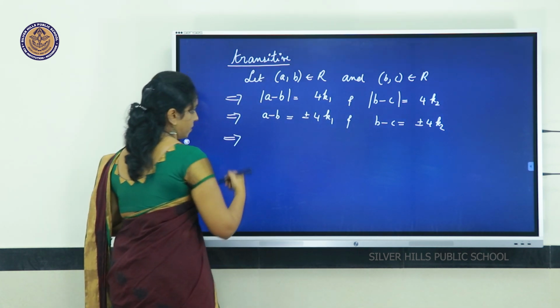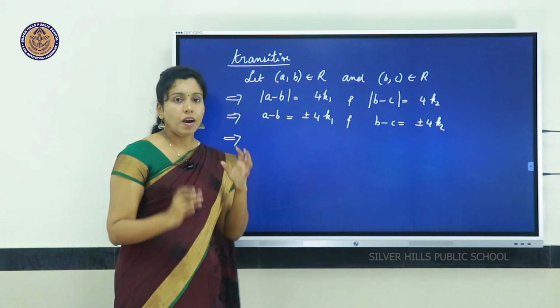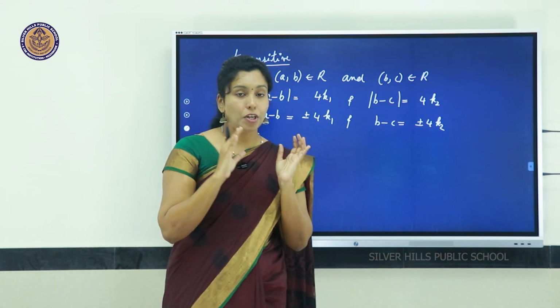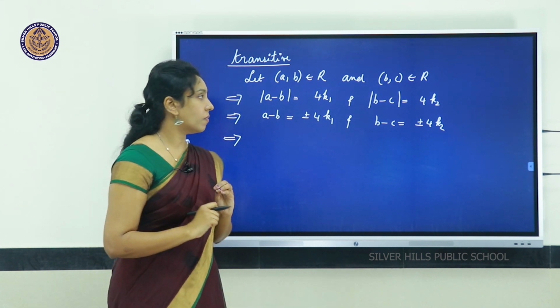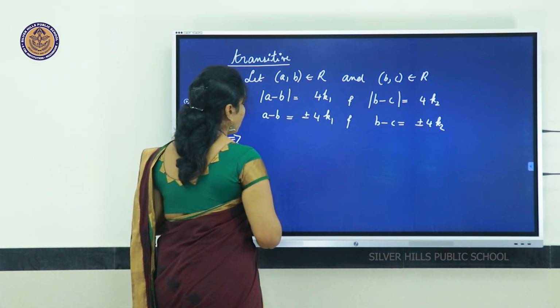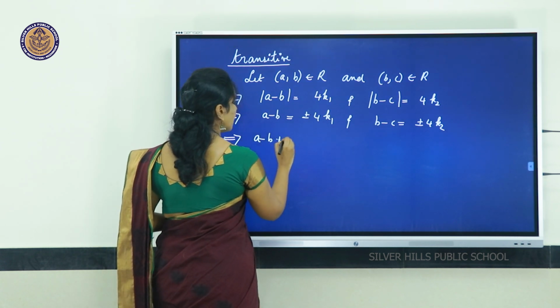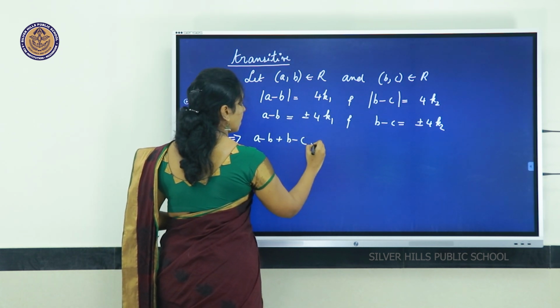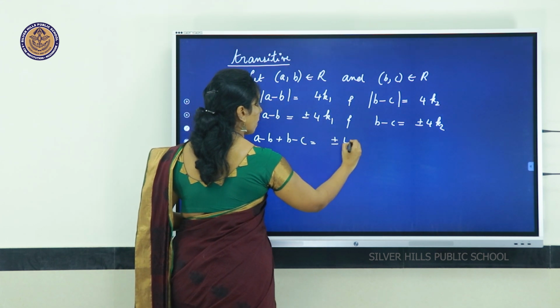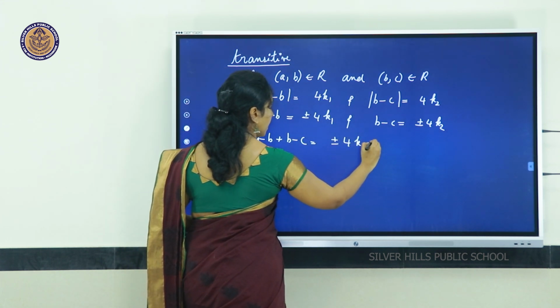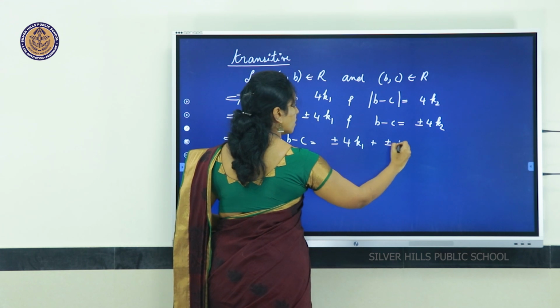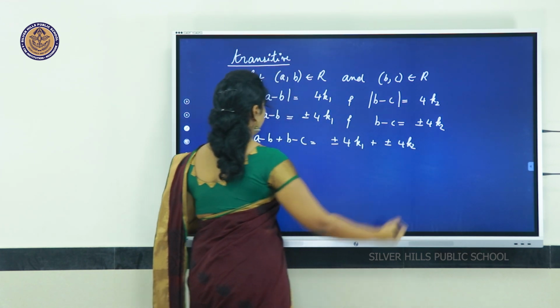Which implies, what is our aim? Our aim is to get (A, C). We need to prove (A, C) belongs to the given relation. Now, I am going to add these two. So, A minus B plus B minus C is equal to plus or minus 4k1 plus or minus 4k2.